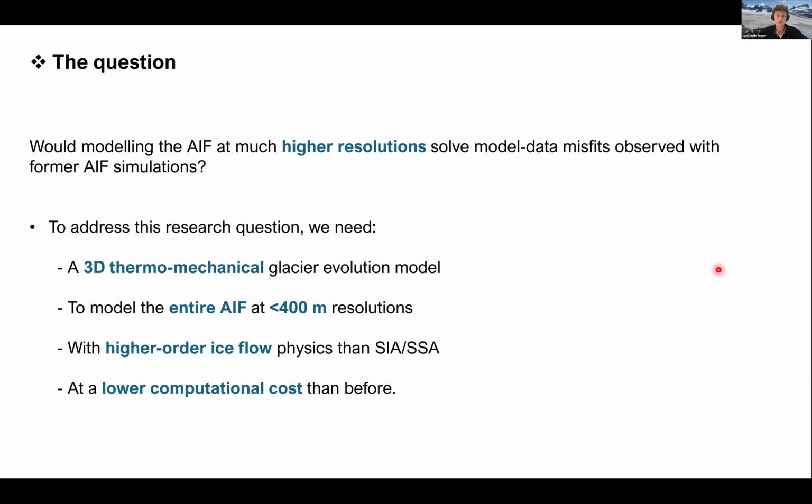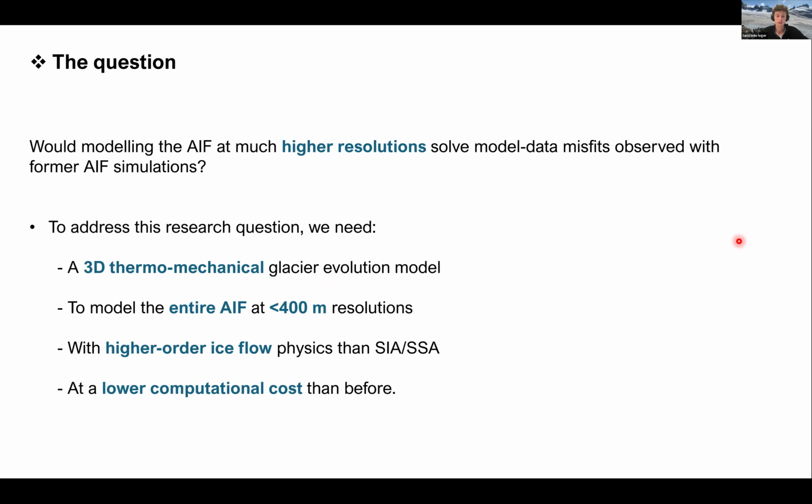Of course, in order to address this question, we need this model. So we need a 3D thermo-mechanical glacier evolution model. We need to model the entire Alpine Ice Field at less than 400 meter resolution, as best as we can. We need to use higher order ice flow physics than what PISM uses, for example, the shallow ice approximation and shallow shelf approximation hybrid model.